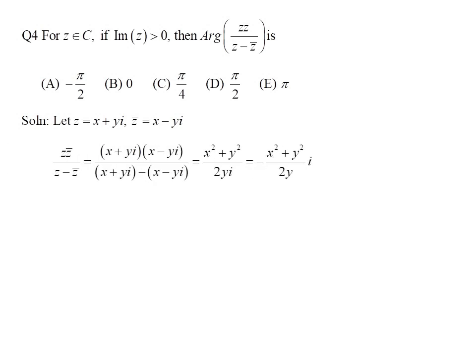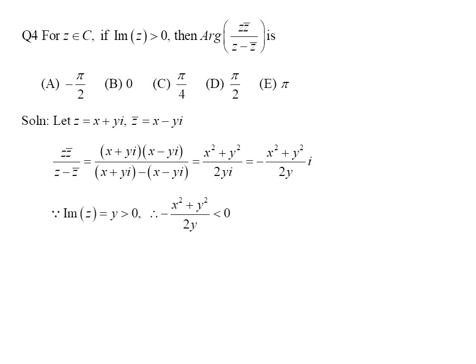Hence, z multiplied by its conjugate over z minus its conjugate can be written as the product of x plus yi, in parentheses, and x minus yi, in parentheses, over the result of x plus yi minus open bracket x minus yi close bracket, which can be simplified to negative of x squared plus y squared, over 2y, then times i.